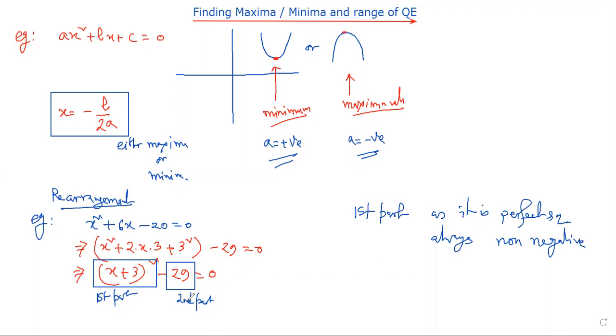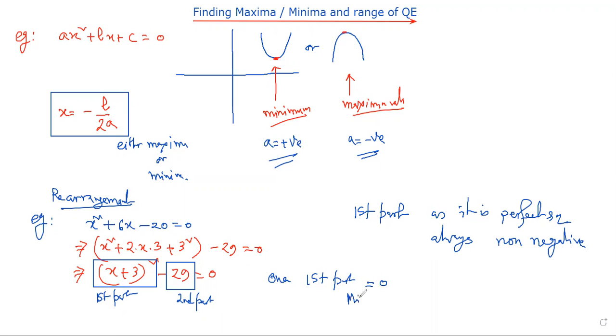The second part is a constant, which I know. So this non-negative first part can attain a minimum value of 0. Once it is 0, the expression's value is minus 29.